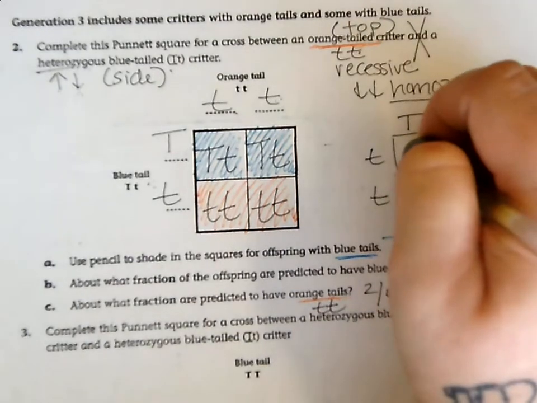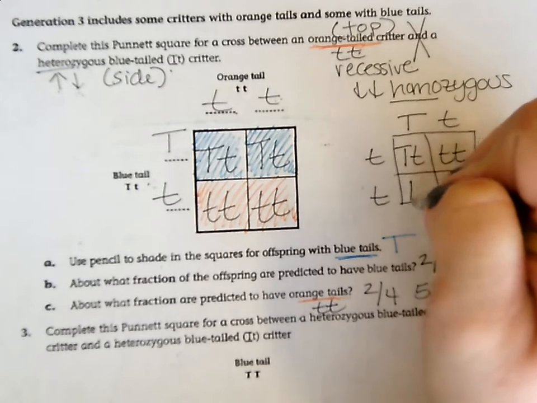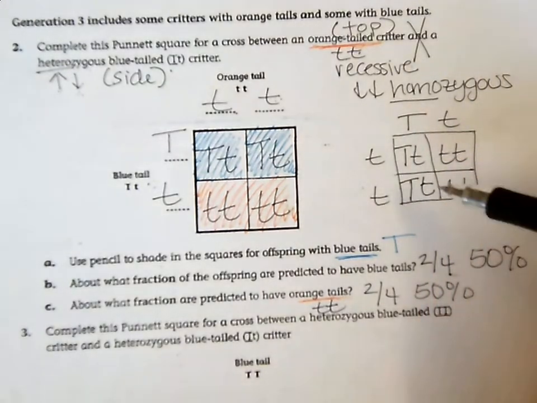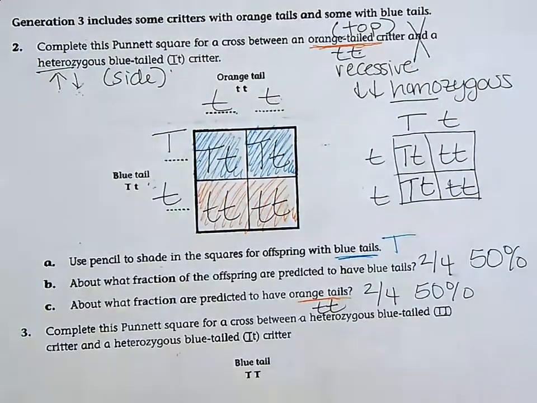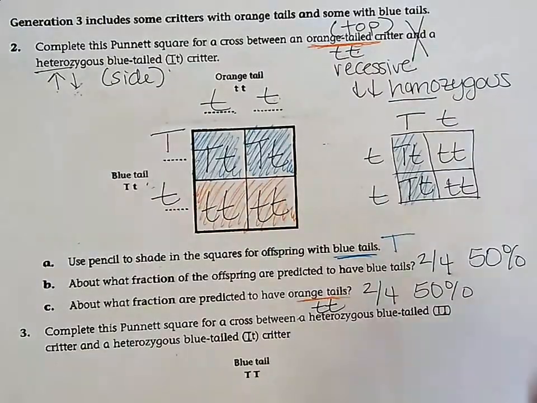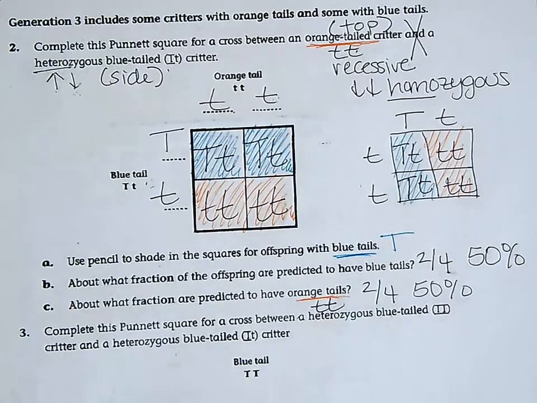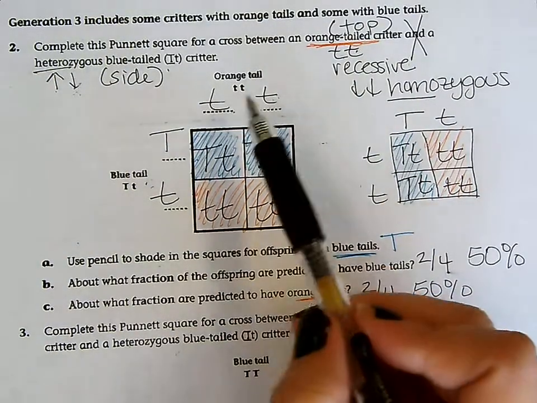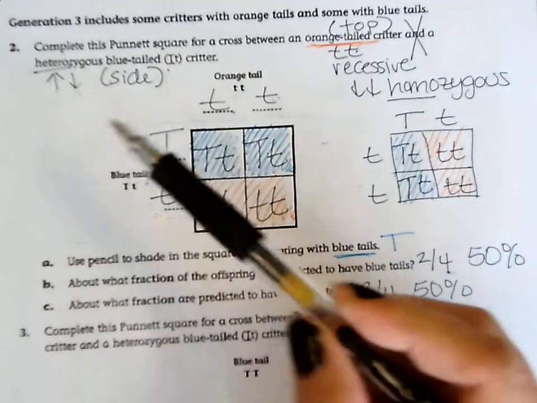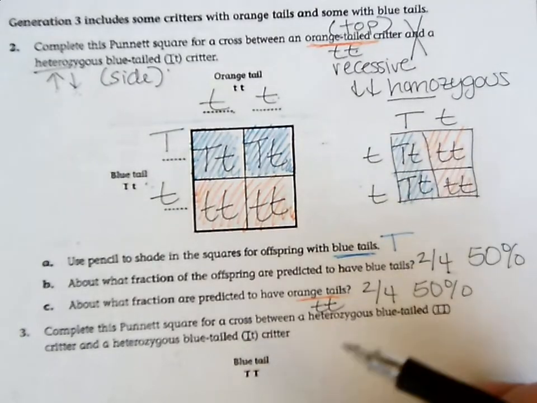So here you do big, little, little, little, big, little, little, little. And sure enough, you get the same exact answers. They're just in a different configuration. However, for consistency, I usually put whatever's first in the problem on top, and whatever's second in the problem, I put on the side. But it doesn't really matter what order you go in.